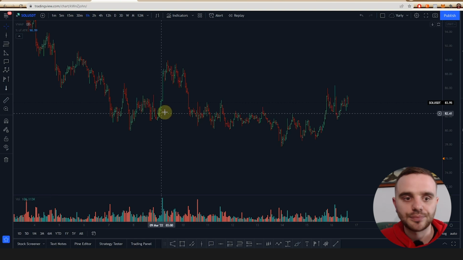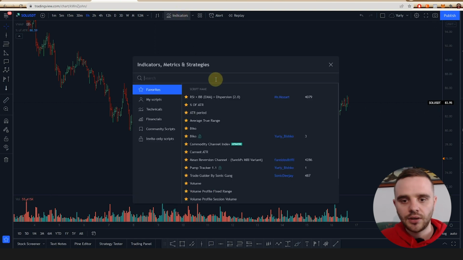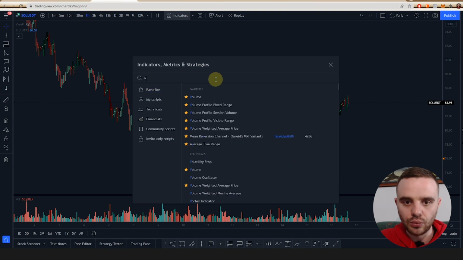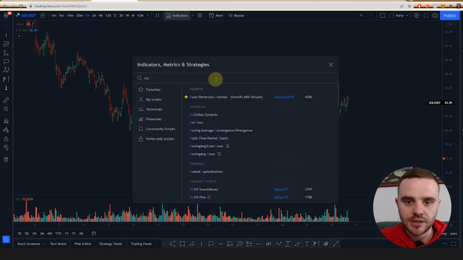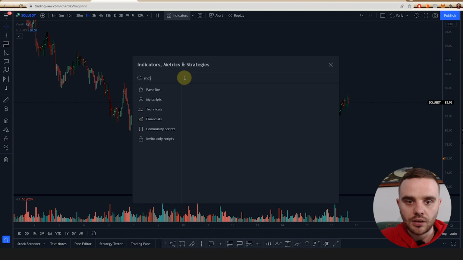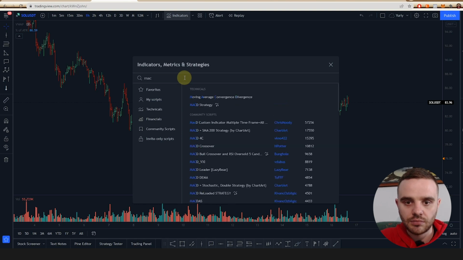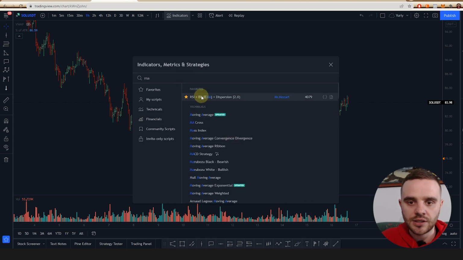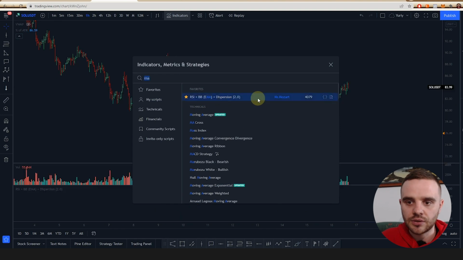We just delete it. About other indicators, you can look here, for example, volume or MACD. Moving average, MACD or RSI, for example.